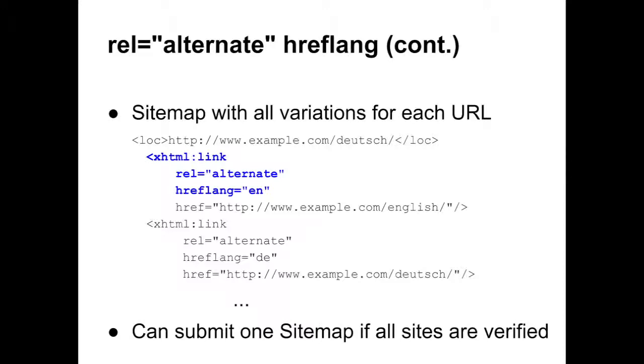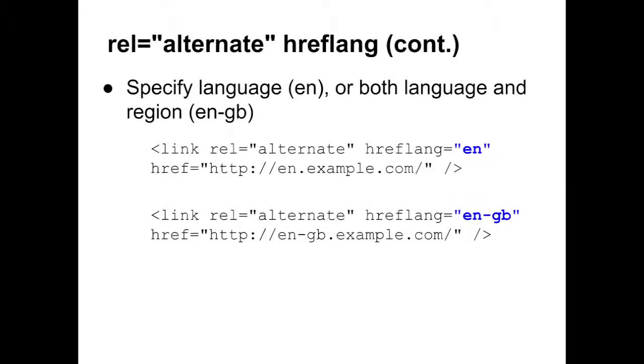If your international expansion spans across several sites, you can submit just one sitemap listing all alternates for each URL, as long as each of the websites is verified in Google Webmaster Tools. Whether you specify rel alternate hreflang in on-page markup, HTTP headers, or a sitemap, you'll include an hreflang value.